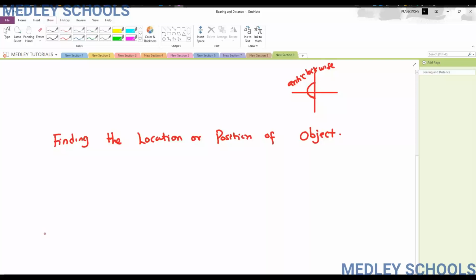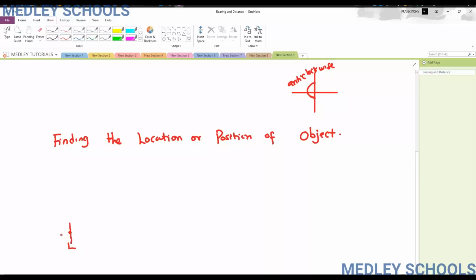For example, if Abuja is 20 kilometers north of Lokoja, then we can represent it. For you to locate that, you first locate Lokoja. Let's assume this is Lokoja.